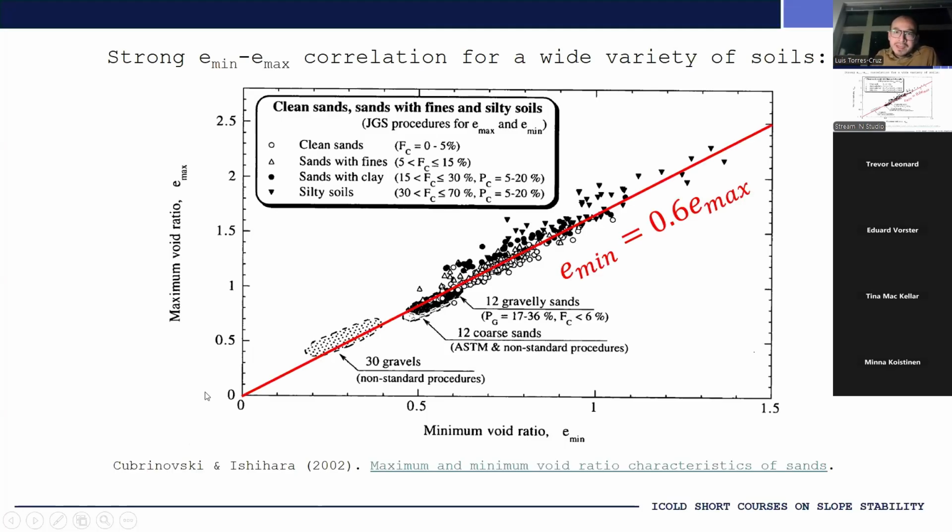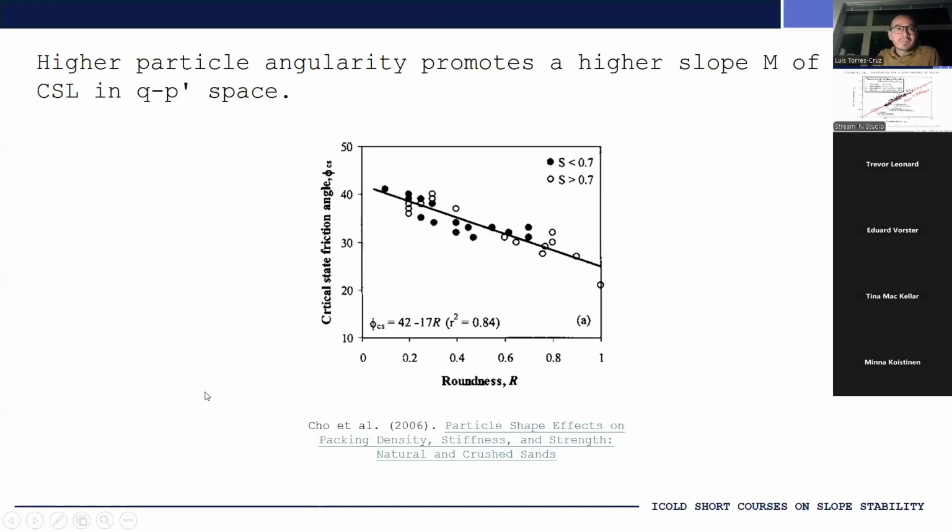This data is telling us that, look, roughly, if you're in a hurry and you need to make an estimate of what is your minimum void ratio, you can probably get close to the right answer by assuming that your minimum void ratio is 60% of your maximum void ratio. Okay, so I'll stop there with Emin and Emax.